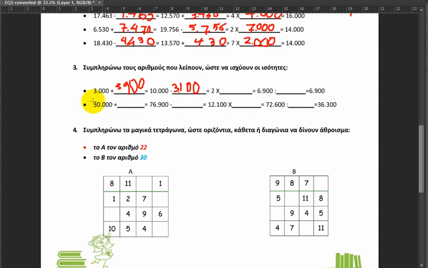And here, the difference between 30,000 and 36,300 is 6,300. The difference between 76,900 and 36,300 is 40,600. All right.